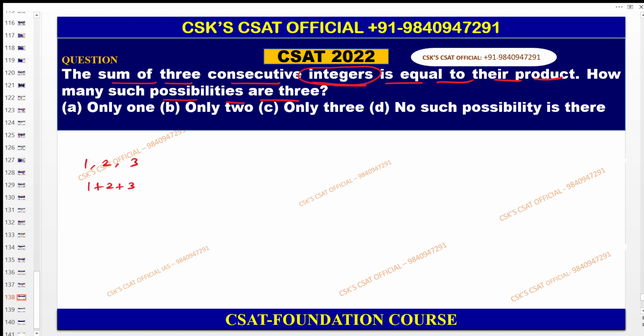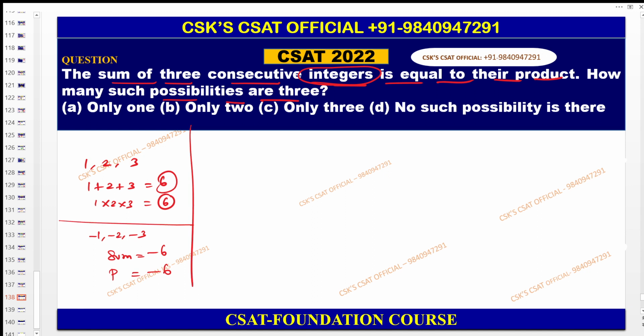1 plus 2 plus 3 gives you 6. 1 into 2 into 3, that is also 6, satisfies. So with this itself you can't stop, right? Since it's an integer, you can take minus 1, minus 2, minus 3 also. So the sum here is minus 6, then the product here is minus 6. 2 is possible. Then also you can check whether your integers contain 0.